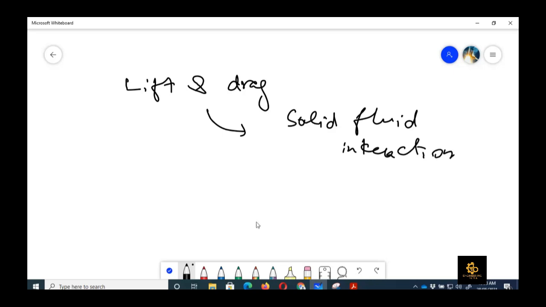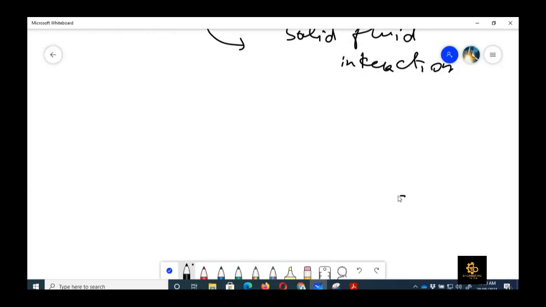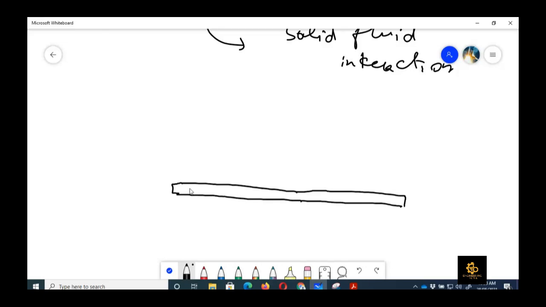If we talk about solid-fluid interaction, like flow over this flat plate, for instance, we can divide the flow into two portions. One is the viscous region and one is the inviscid region.